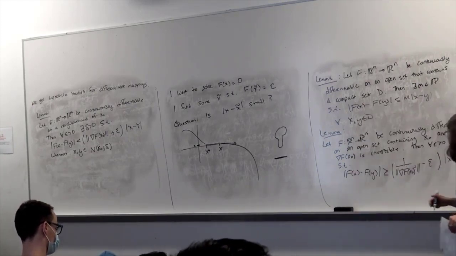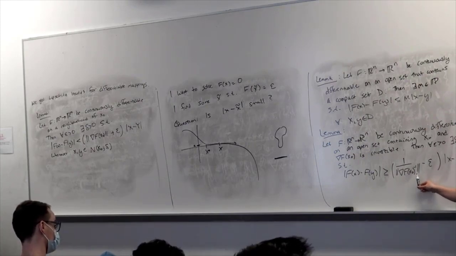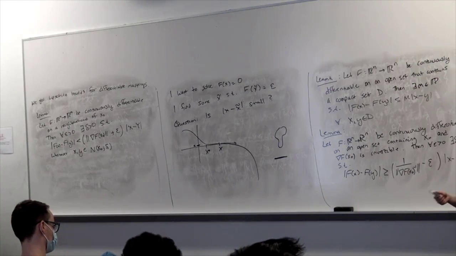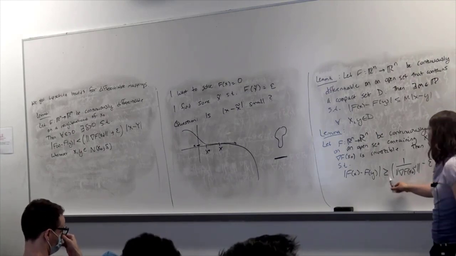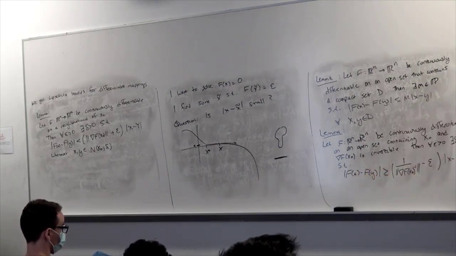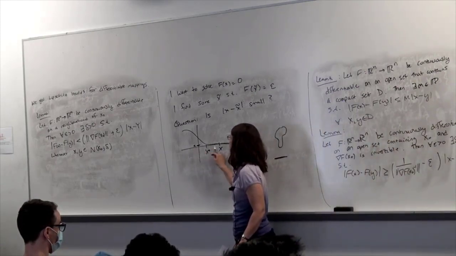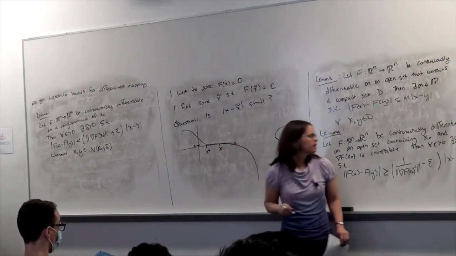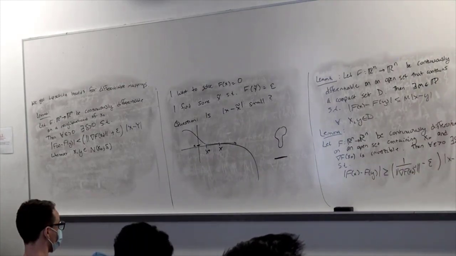Okay, so what happens here? If the Jacobian is nice, maybe the norm of the Jacobian is close to 1, then that's going to tell me that my bound on f of x minus f of y is going to be kind of proportional to x minus y itself. So in other words, if this epsilon is small, then my error is going to be small. But if this is pretty close to singular, right?